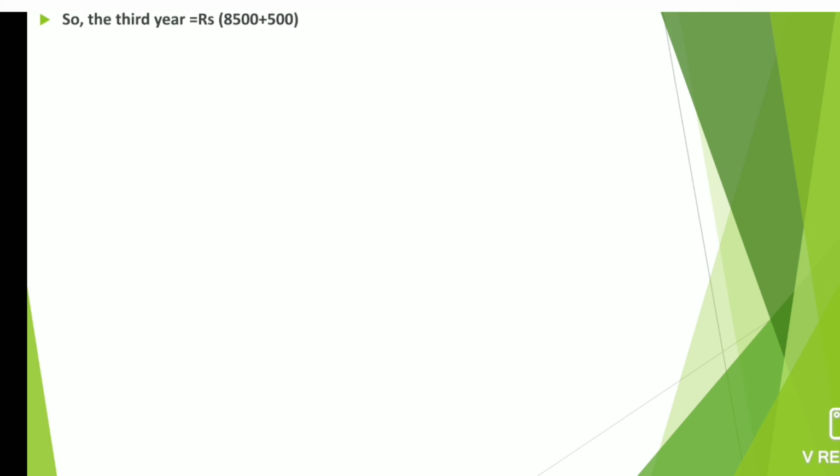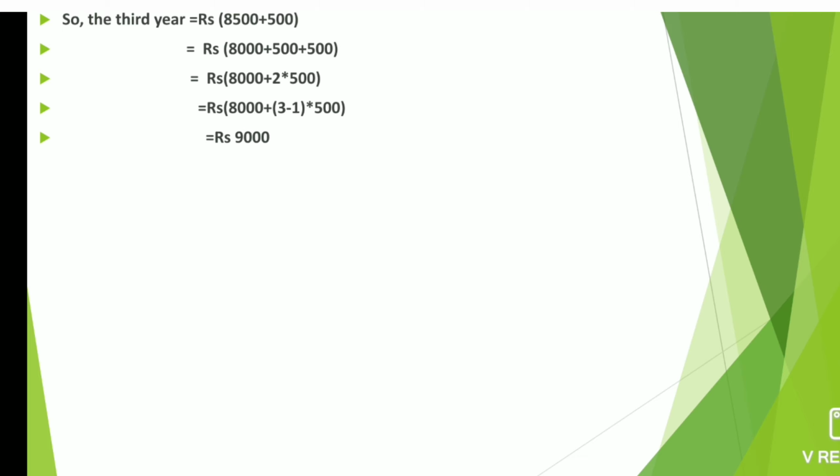So the third year is equal to rupees 8,500 plus 500, that is 8,000 plus 500 plus 500. That can be written as 8,000 plus 2 into 500, and the 2 can be written as 3 minus 1, so 8,000 plus 3 minus 1 into 500. Anyhow we get 9,000 only.